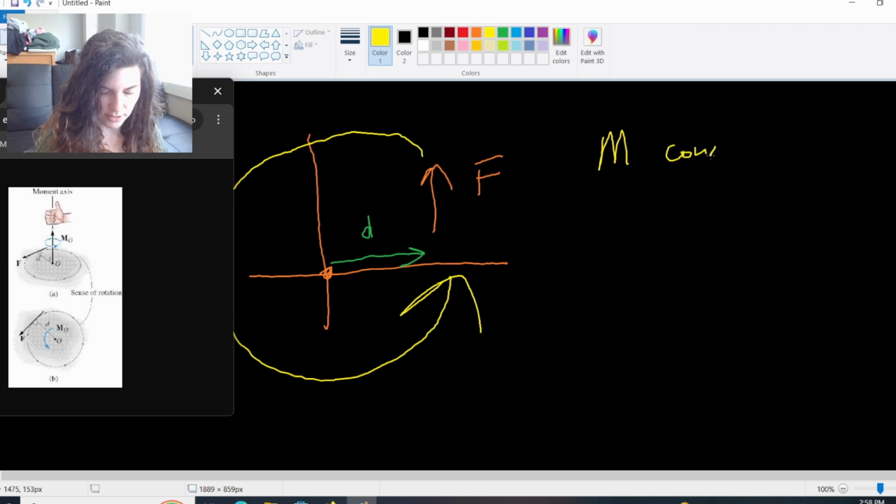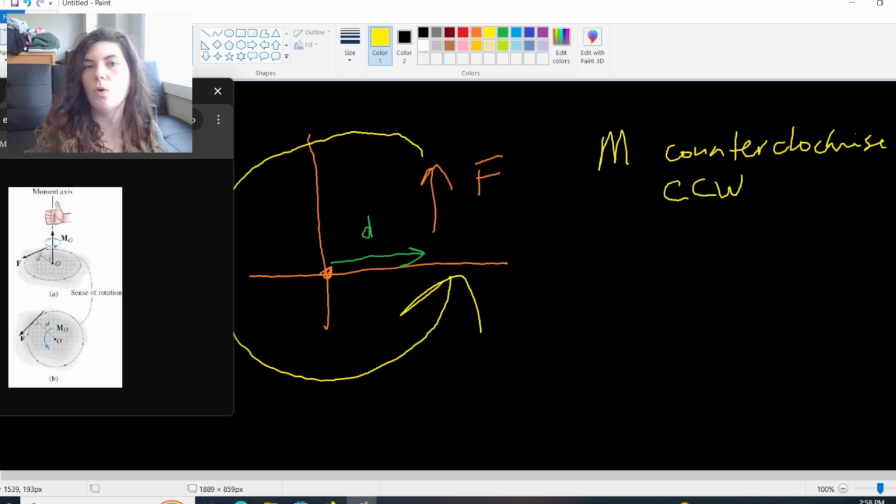So we might say counterclockwise. You can also see it notated shorthand as CCW, or even just drawing the picture next to it of the direction we're going in. So in this case, counterclockwise. That kind of looks like a G the way I wrote it, but it's just a circle going counterclockwise.